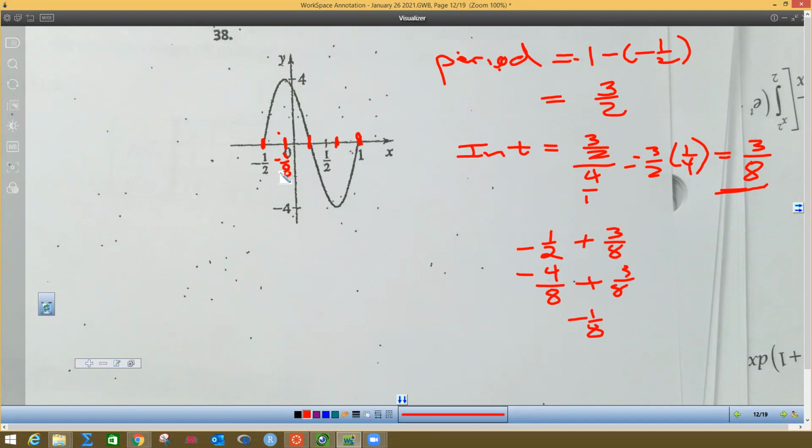Now, what am I going to add to -1/8 to get this 0? How far am I going from this tick mark to the next tick mark? 3/8. So I'm going to take this -1/8 and add 3/8 to that again, which is going to give me 2/8. So you could write 2/8 here, or you can reduce that to 1/4. You see what I'm doing here, finding where these marks are?